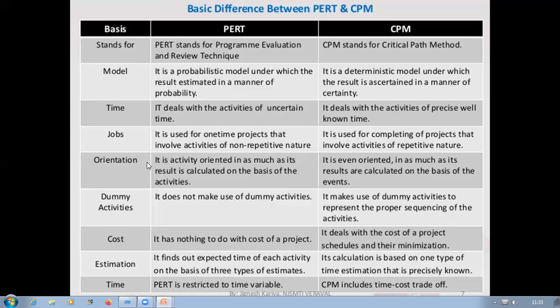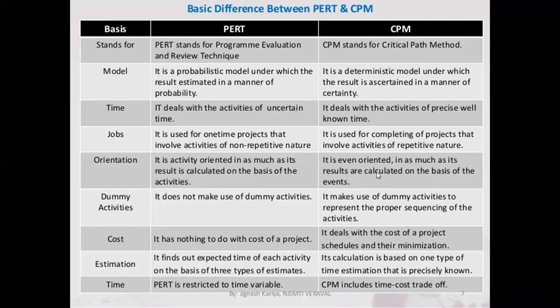Then orientation. PERT is activity oriented in as much as its result is calculated on the basis of the activities. And see here next, CPM is event oriented, in as much as its results are calculated based on the events.